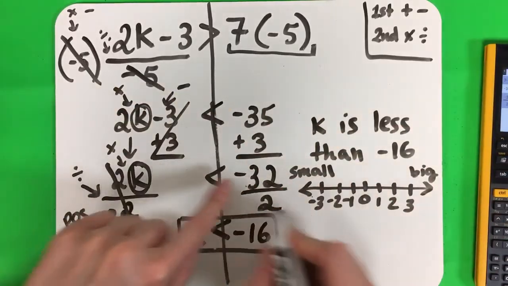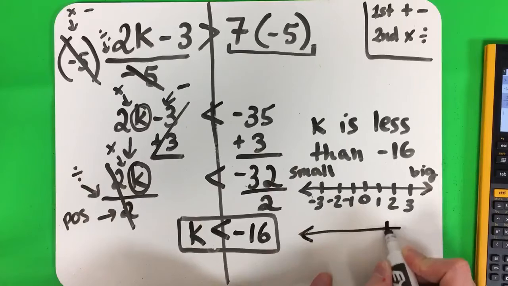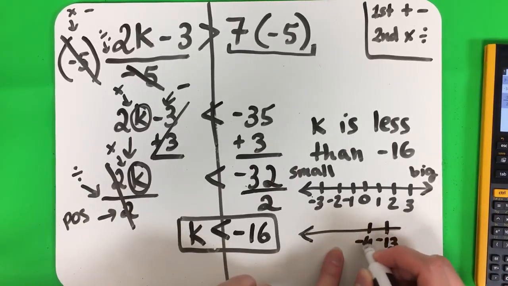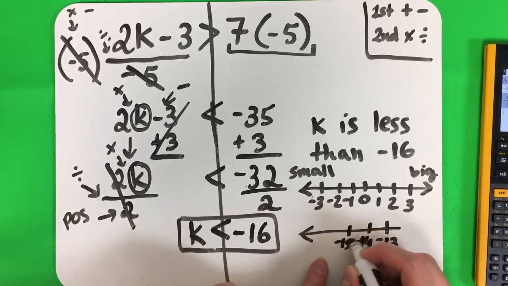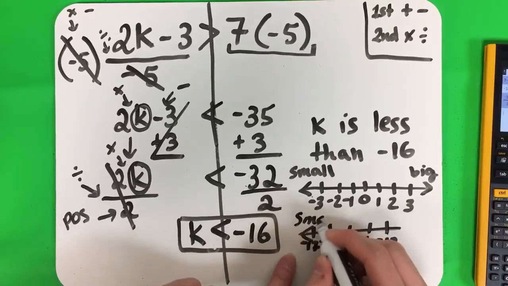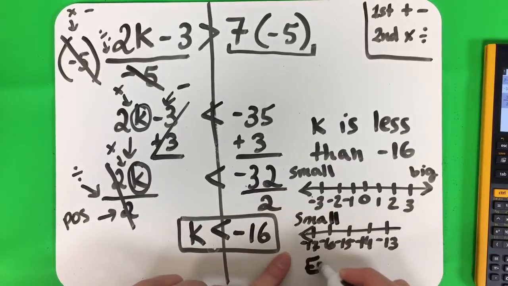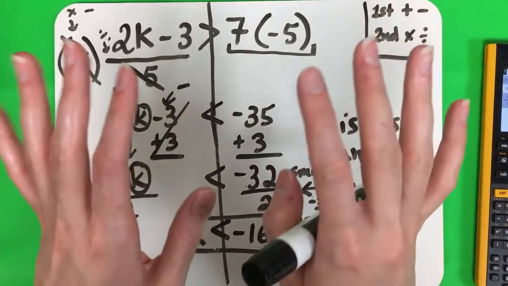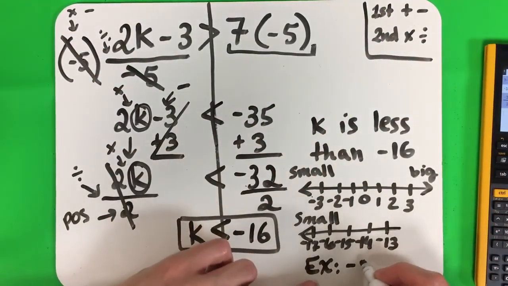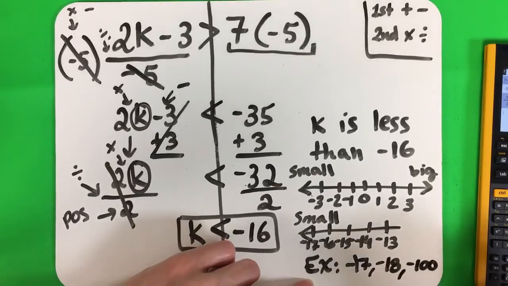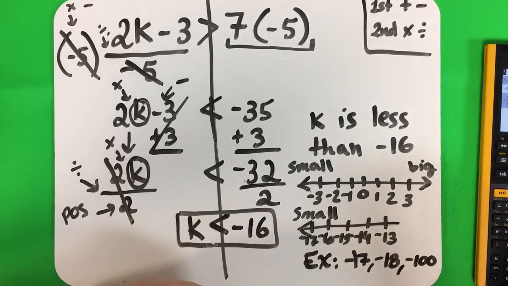Now if you continue this, you'll have here -13, here -14, -15, -16, -17. The small is on the left. So actually with negatives, you're going to have like bigger numbers. It's not really bigger. Okay, so your numbers would be, the smaller are -17, -18, -100. I know it's weird. Es raro.